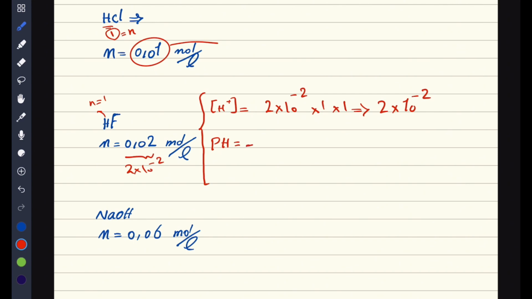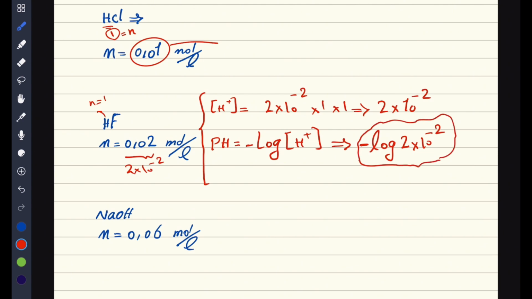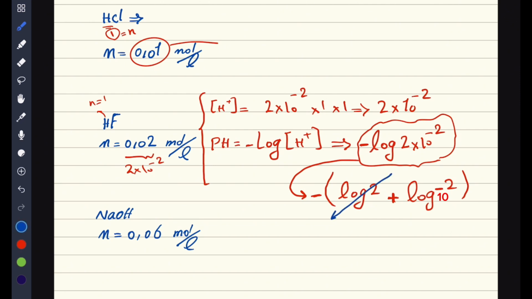To get the pH, which is equal to the negative of the logarithm of the proton concentration, according to the rules of logarithm, we can separate the numbers that are multiplied together and take a separate logarithm from each of them. Now we see that we want the logarithm of the number 2 plus the logarithm of 10 to the negative power of 2.